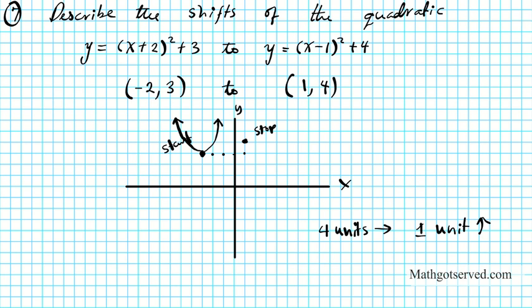If we shifted 4 units to the right and 1 unit up, we're going to have another quadratic right here. Okay? So just by using the vertices, we can basically predict exactly what's going to happen when you shift the functions. Okay? So there goes your answer. 4 units to the right and 1 unit up are the shifts from this function right here to this function.